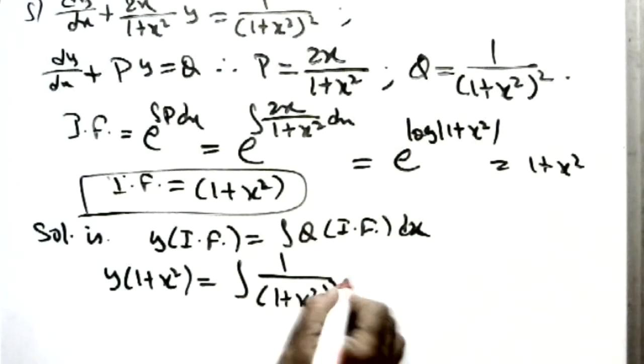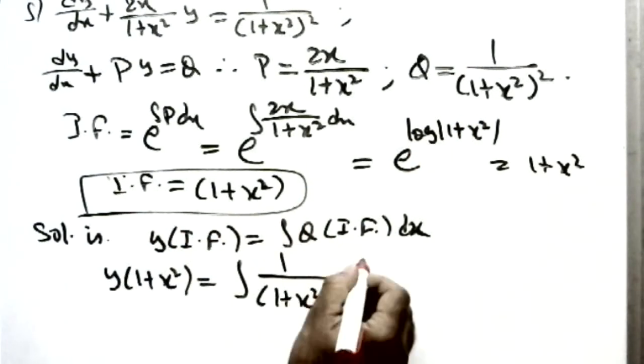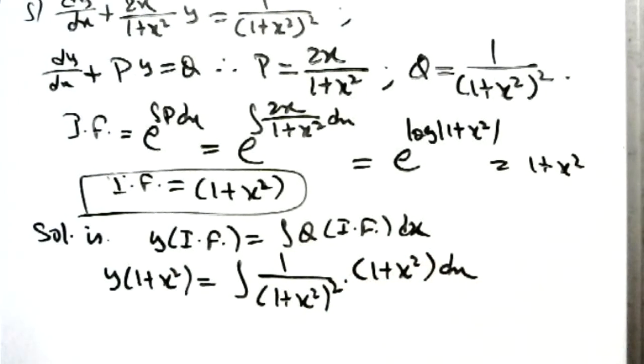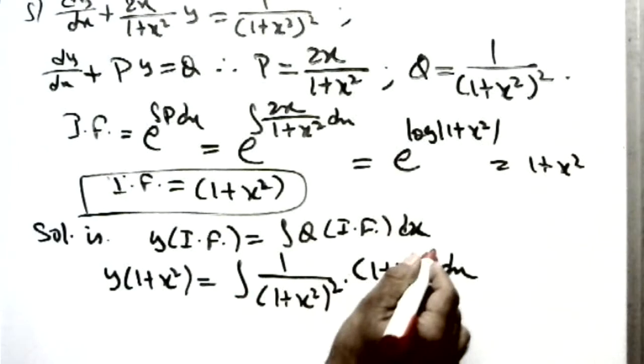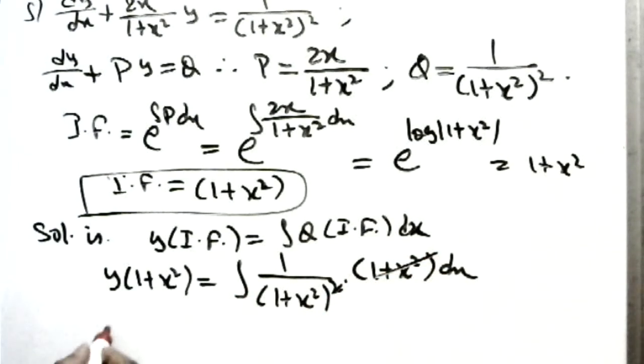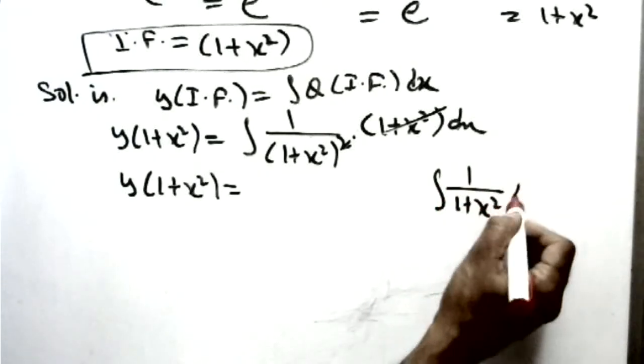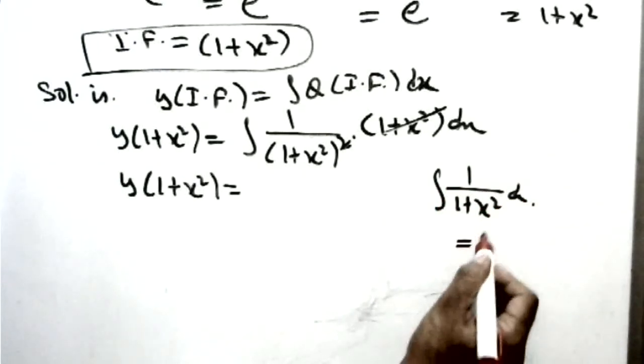Q is 1 by (1 plus x square) whole square, into the integrating factor, 1 plus x square, dx. So you see here, 1 plus x square and the square will get cancelled. What is left? y into (1 plus x square) equals, what we get left with is 1 by 1 plus x square.